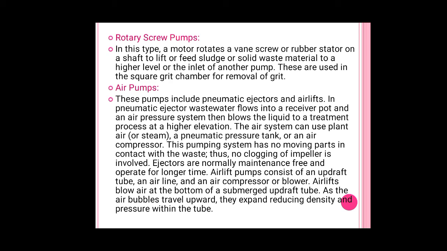The airlift pumps consist of the updraft tube, an air line and an air compressor or a blower. Airlifts blow air in at the bottom of the submerged updraft tube. As the air bubbles travel upward, the bubbles expand, reducing density and pressure within the tube.